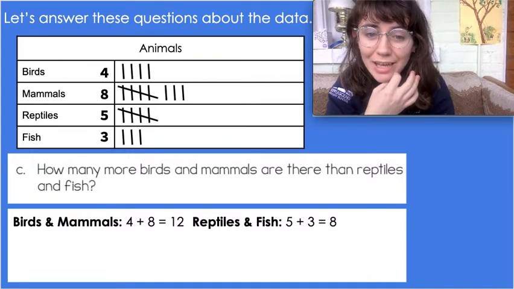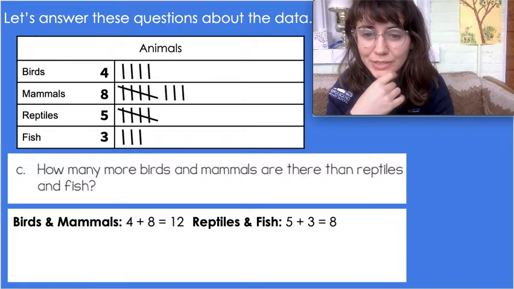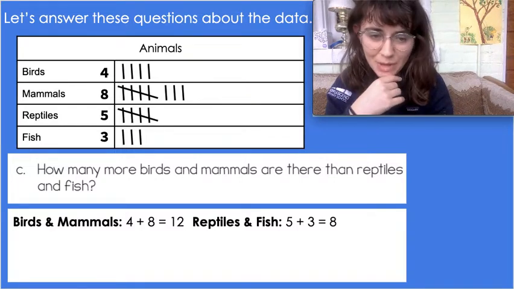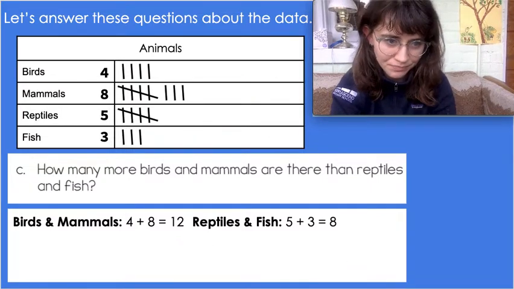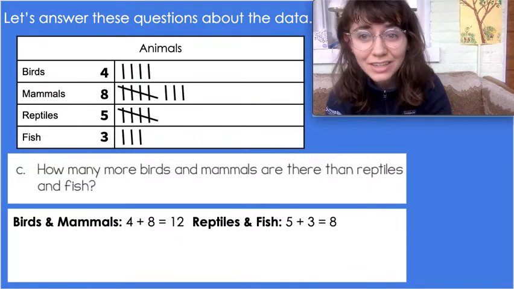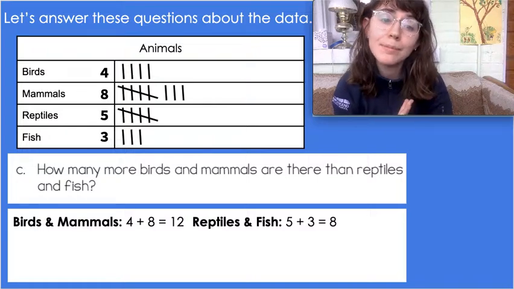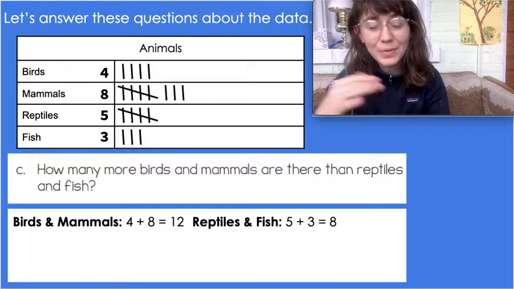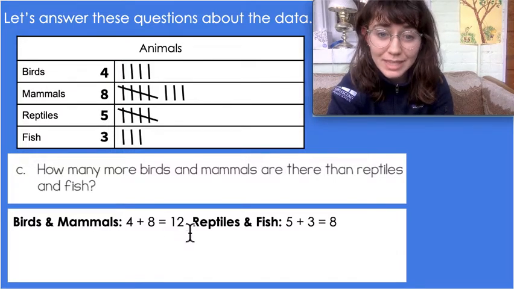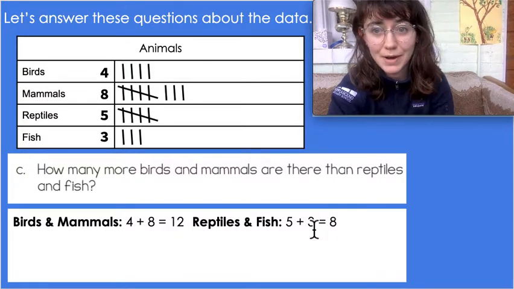So 4 plus 8 was 12, and 5 plus 3 was 8. So that means there's 12 birds and mammals, and then there's 8 reptiles and fish. But we're not done, because the question was asking us how many more birds and mammals are there than reptiles and fish. So now we need to compare this number 12 to this number 8.